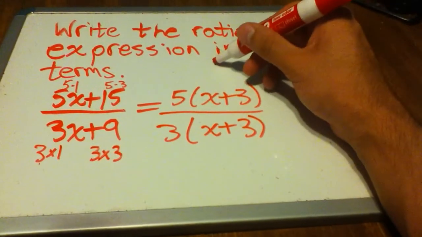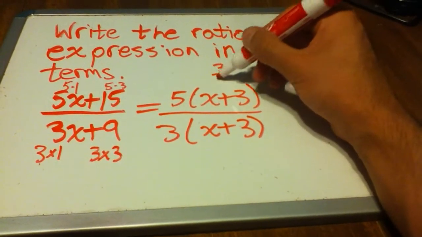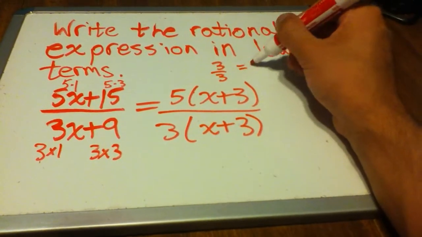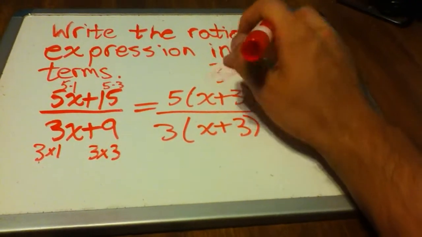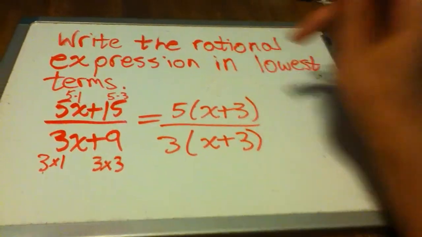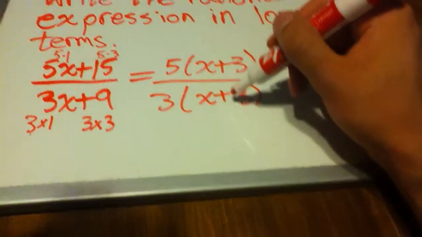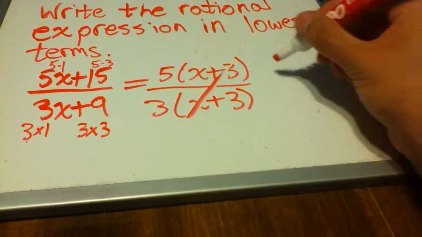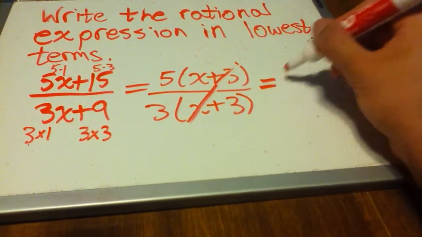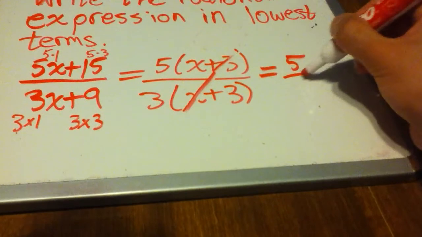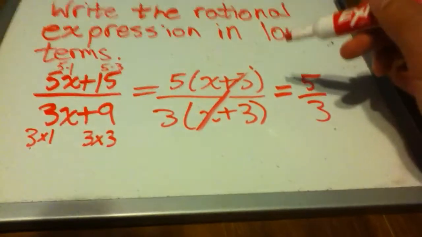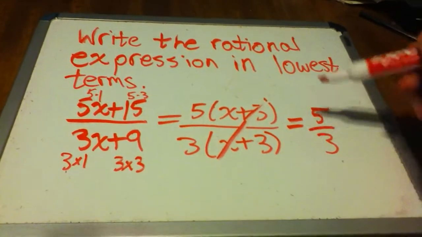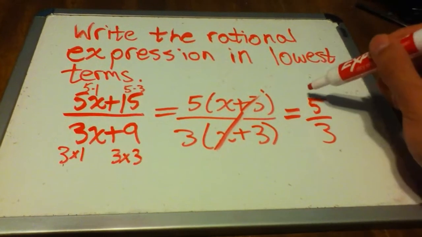Just like if we had a 3 over a 3, that would be a 1. That's just an example of what we have here, because we have x plus 3 over x plus 3. So these go away, and we're left with just 5 over 3. And that would be its lowest terms. That's how you'd work out one of these types of problems.